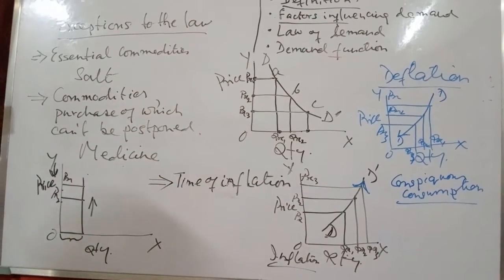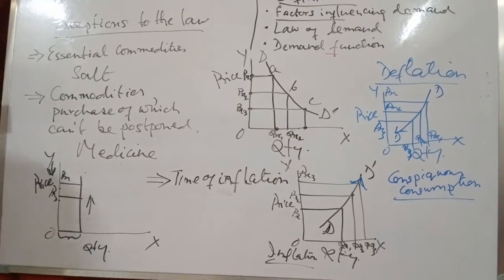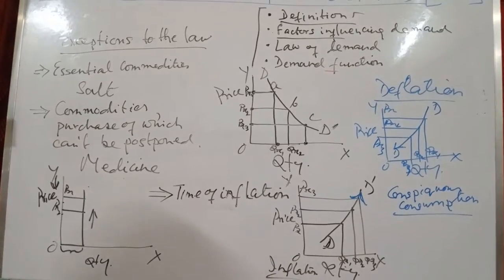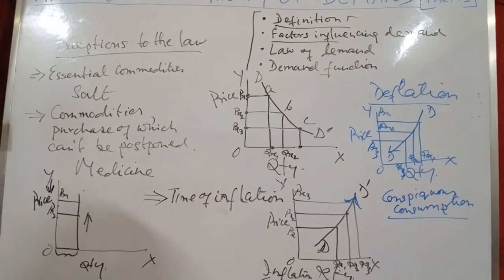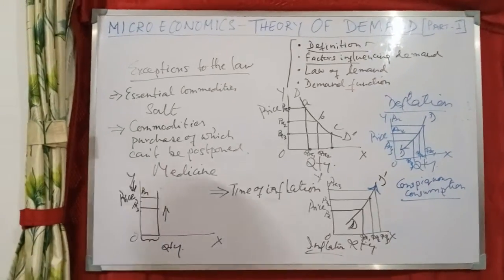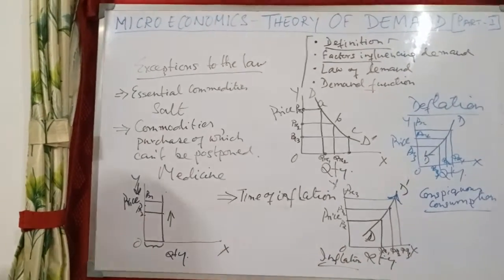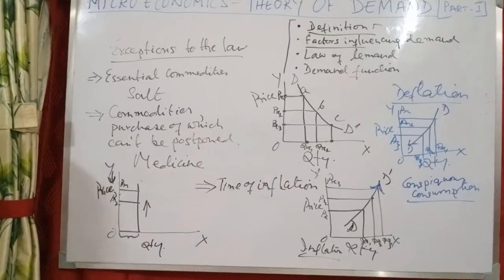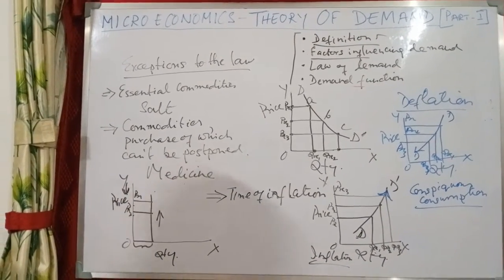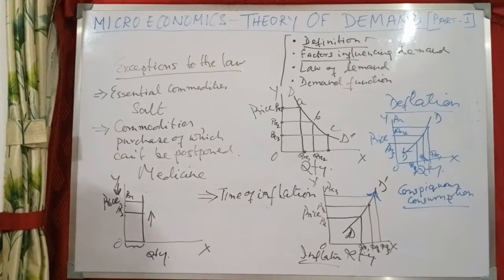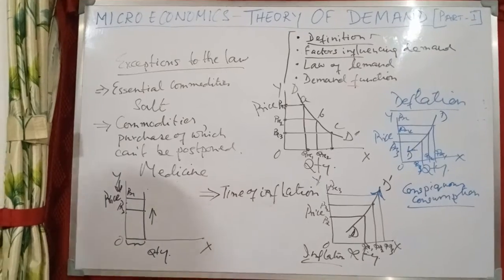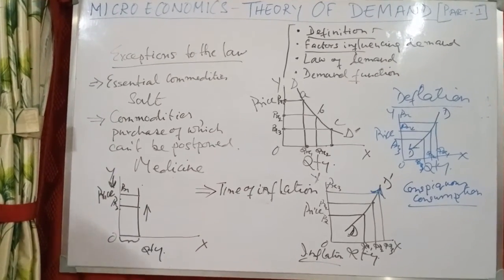Say for example, a diamond necklace or costly fur coats, etc. Now, when prices of these commodities increase, the consumer purchases the commodity to show off his richness and to satisfy his or her ego. Correct?